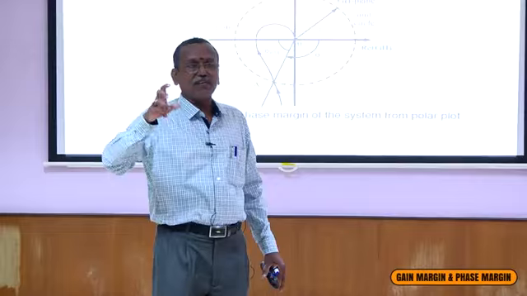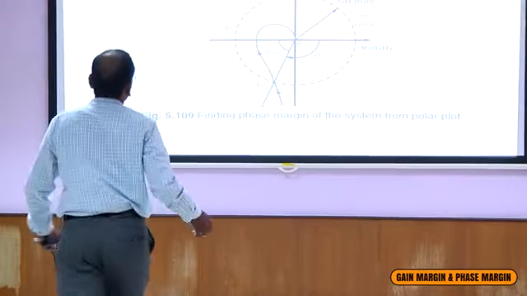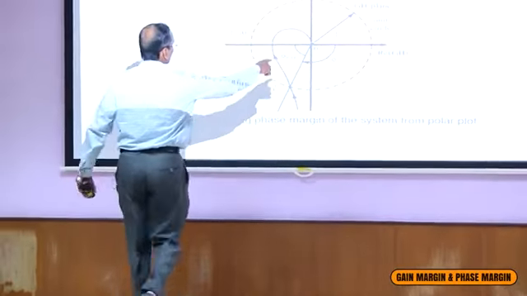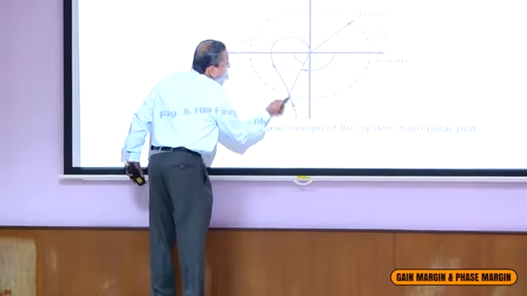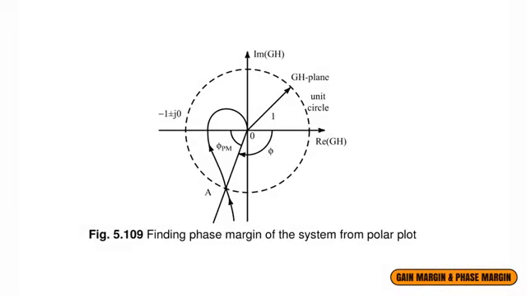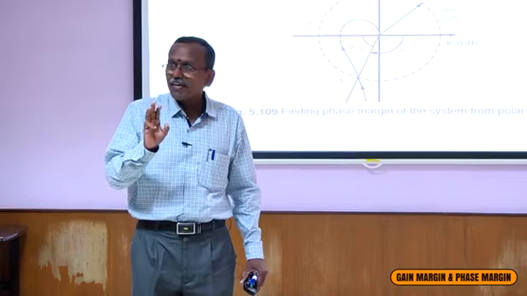Similarly, phase margin they will normally put at 30 degrees. Here it will be 120 degrees. If I increase a further 30 degrees of phase shift, it will pass through -1, so the system is on the verge of instability and continuously oscillates. So we can make the system unstable either by increasing the gain or by increasing the phase shift.